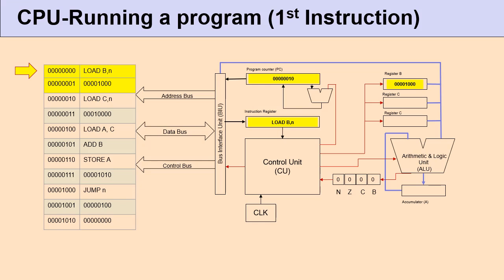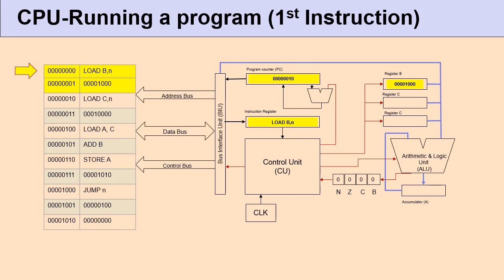So that completes the instruction cycle of the first instruction in our program. At the end of the first instruction, we have the program counter updated to hold the value 2, or in binary 000010, and it points to the next instruction in the program.